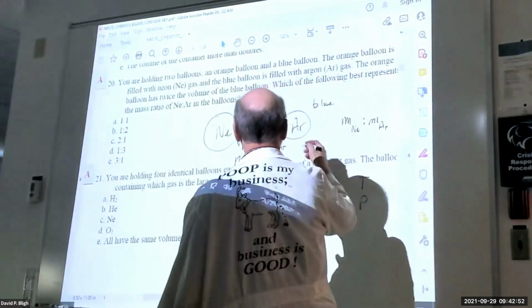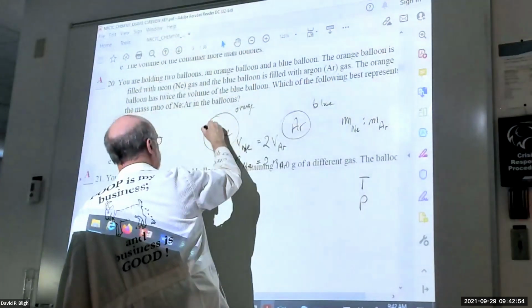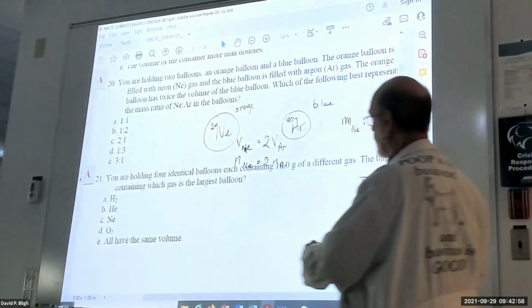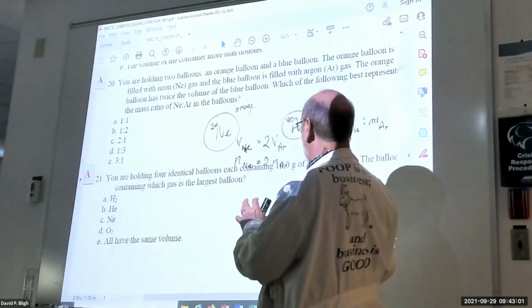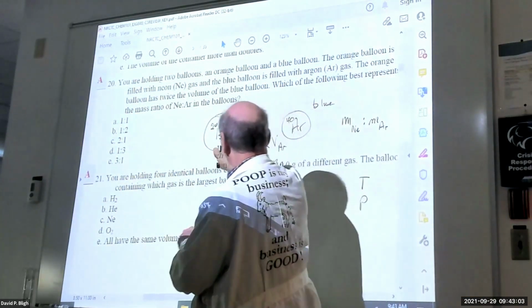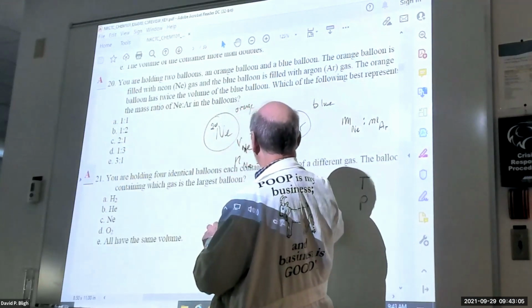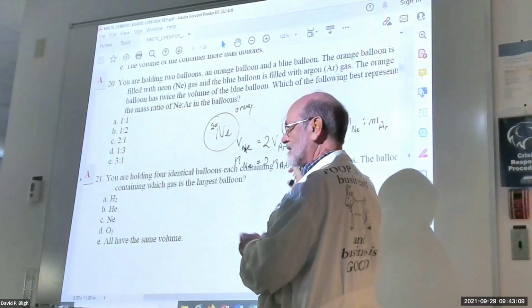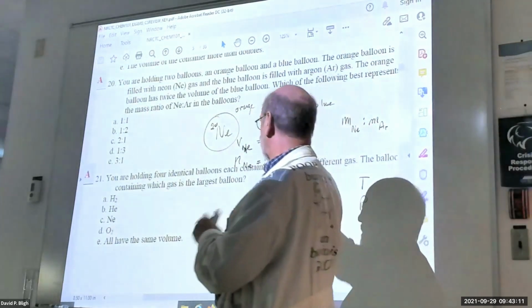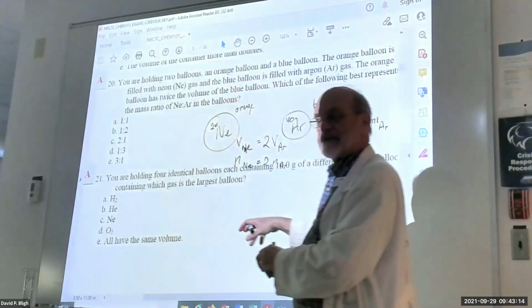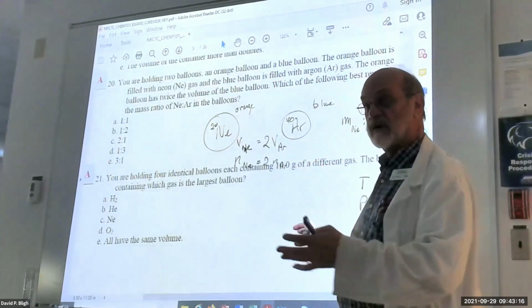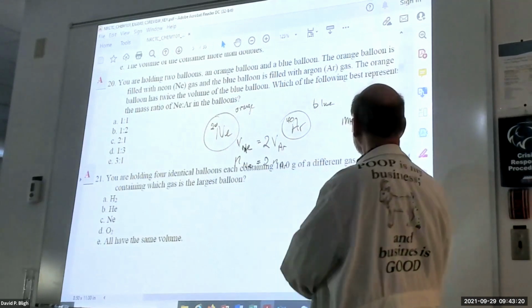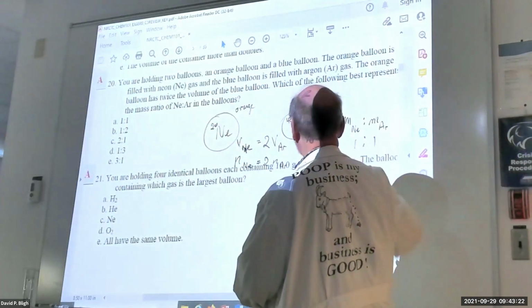So what's the mole relationship? Neon is twice the number of moles as argon, but argon is twice the mass of neon. So they balance out. Mass ratio is 1 to 1.